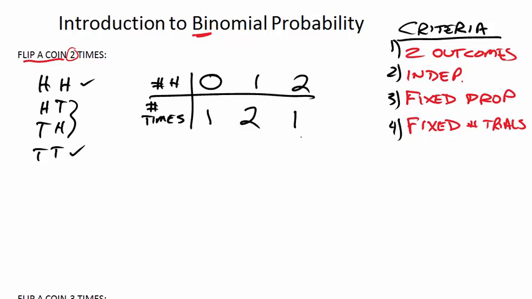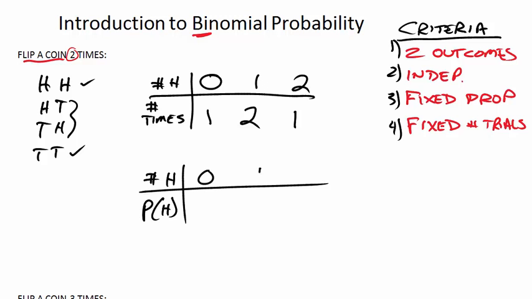If I wanted to, I could also change that. Instead of a frequency count, I could look at a probability chart. So 0, 1, 2, and there were a total of 4 outcomes. The probability of getting 0 heads was 1 out of 4, 1 was 2 out of 4, and 2 could happen 1 out of 4 times.